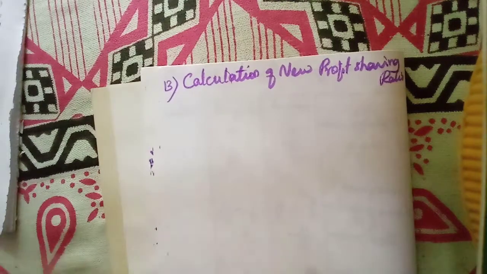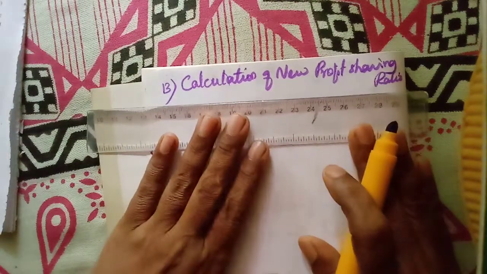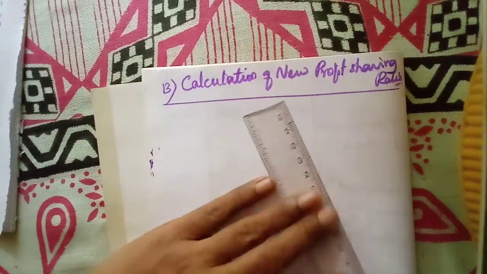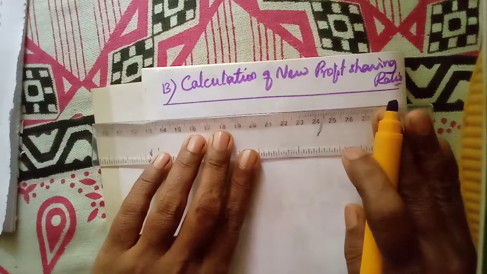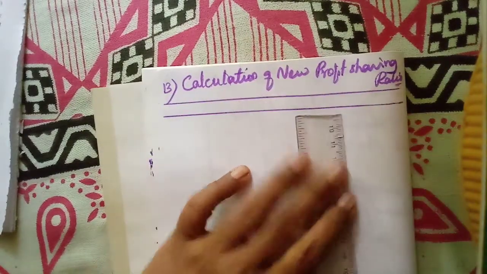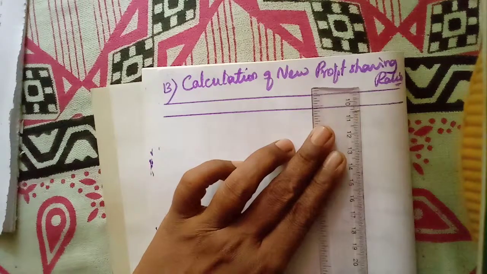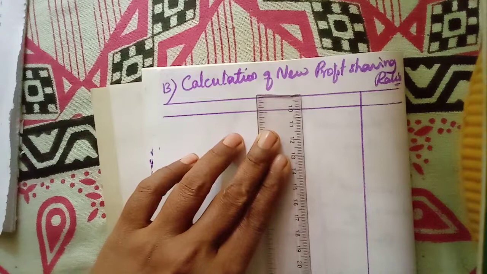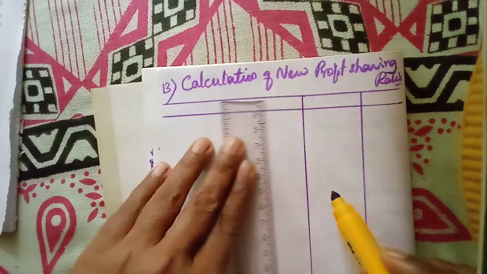Okay, now draw the columns for 3 partners. Yes, columns. New partner, then the old, 2 old partners.